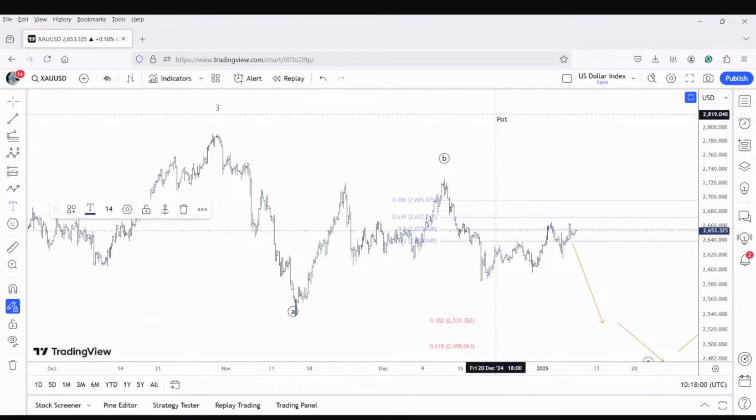For short-term traders, for long-term traders, it's a bit of rest time. You'd have to allow some more decline for prices, possibly towards 2500 before you can initiate long positions.